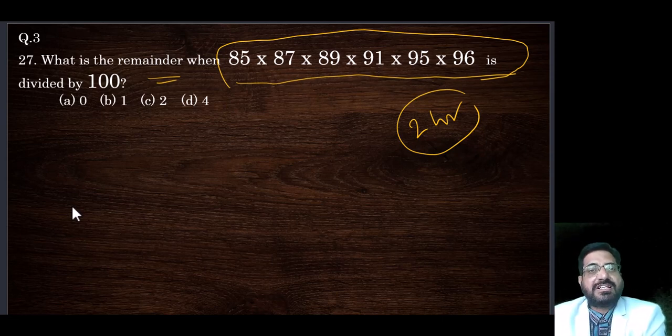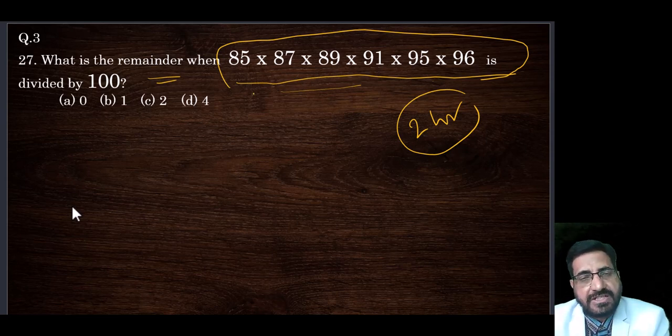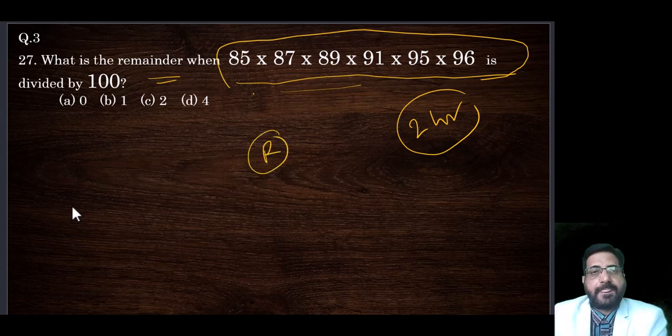So what is the remainder when this number is divided by 100? First you have to check whether this number is completely divisible or not. If it is not divisible completely, then you will get some remainder. So he is asking what that remainder is if this number is divided by 100.